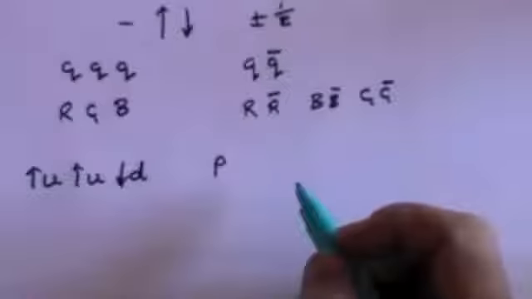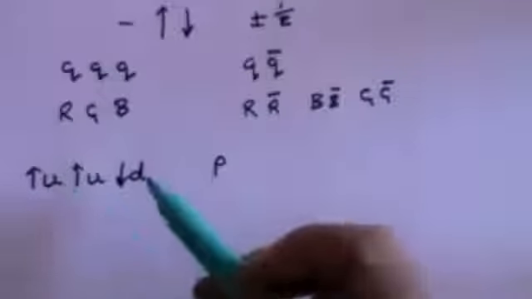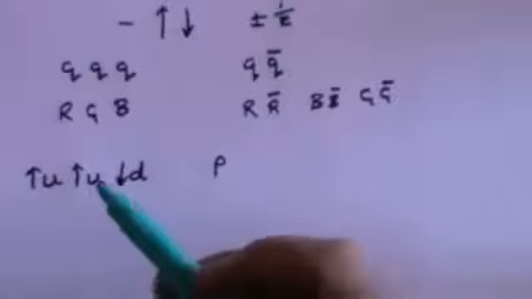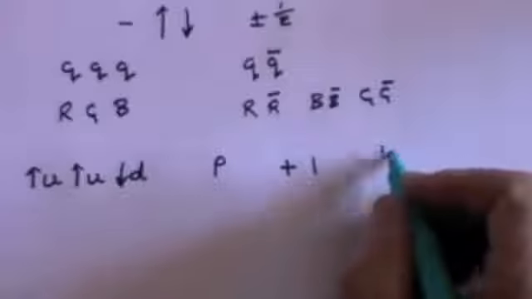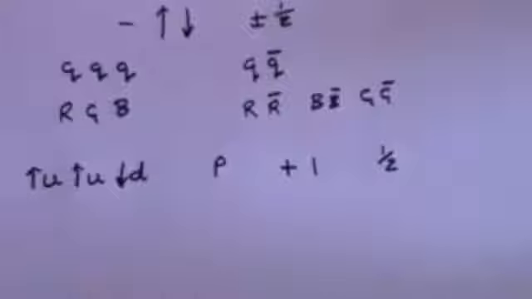It has a charge of 1 because an up quark has a plus 2/3 charge and a down quark has a minus 1/3 charge. So it's 2/3 plus 2/3 minus 1/3 gives you a charge of plus 1. And what is its total spin? Well, it's plus a half, plus a half, minus a half gives you a spin of 1/2.